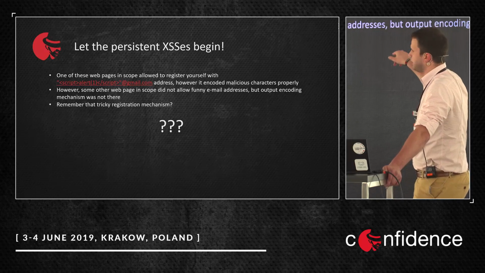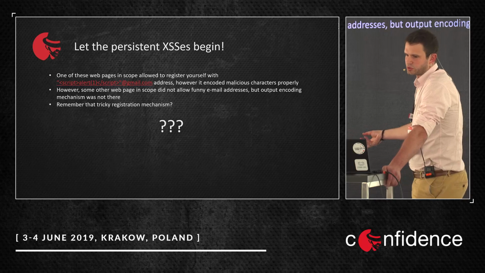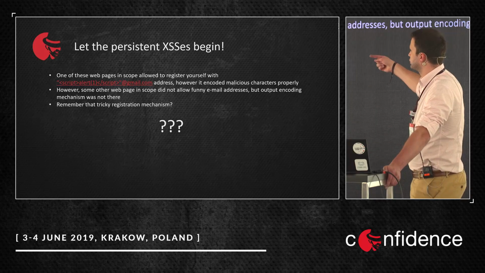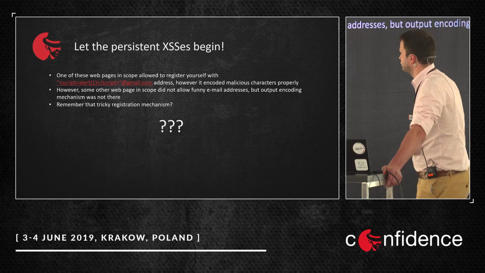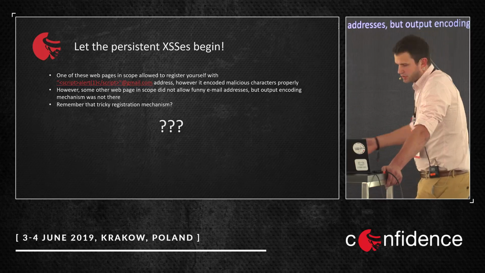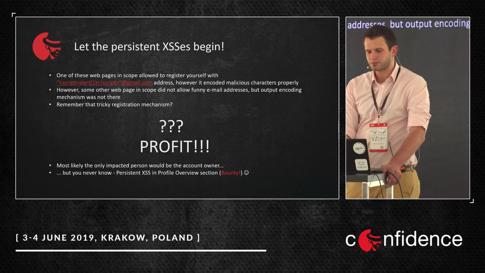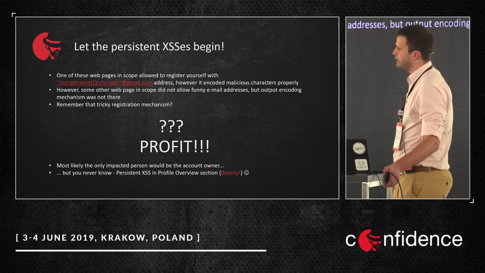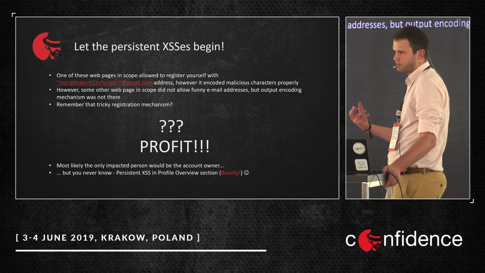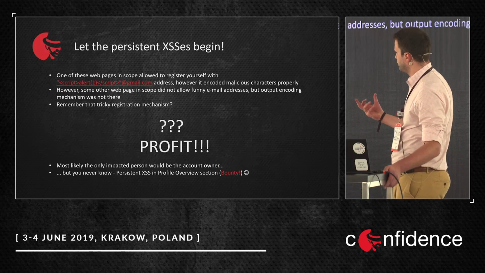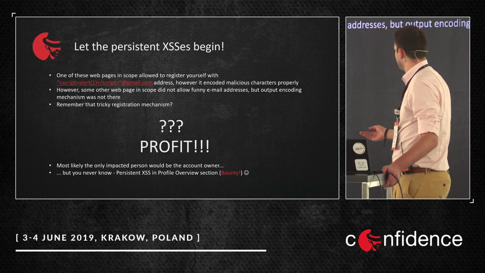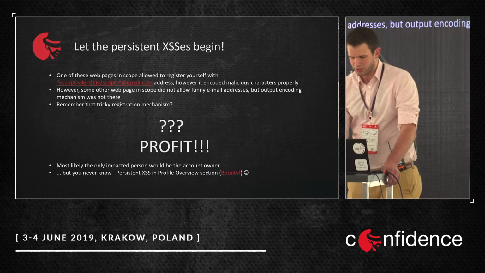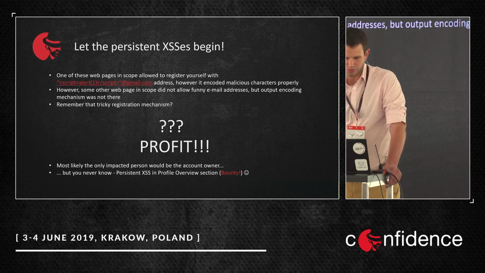However, the other application, which used the same user database, was not protected from this kind of attack, so this resulted in persistent XSS. Most likely the only impacted person would be the account owner, because that's the only place where you can see the user email address. However, they still paid a bounty for that, so I was happy.